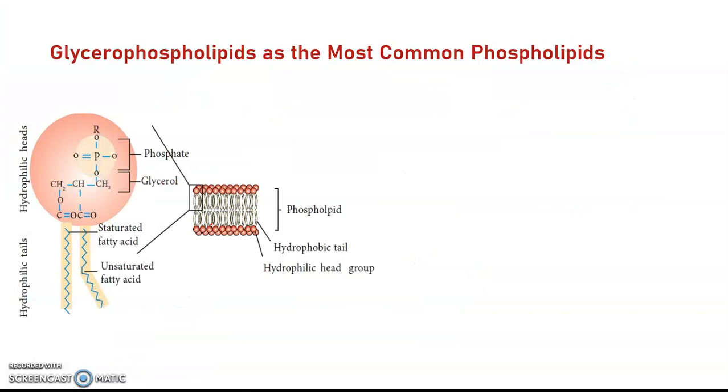So this is a glycerol of the most common phospholipid. You can see here we have the phosphate, we have the glycerol, and we have the fatty acids. Here we have a saturated fat, and this is an unsaturated fatty acid. You can see the bend of the fatty acid here, and this bend makes the molecule not have a good compartment.